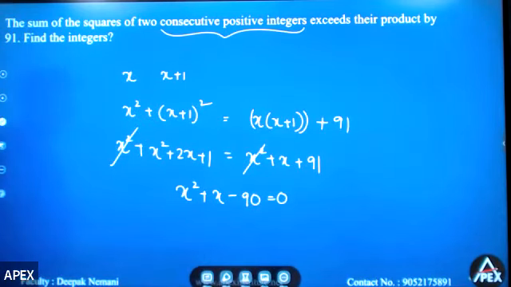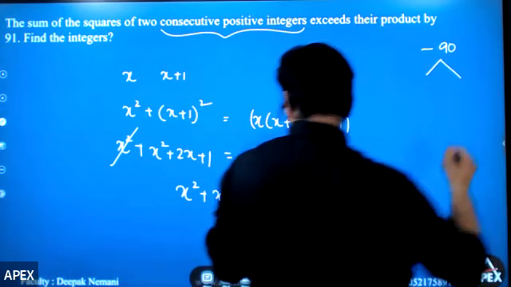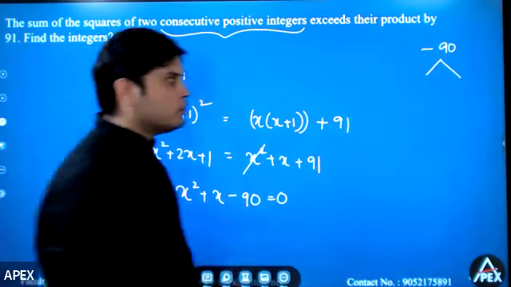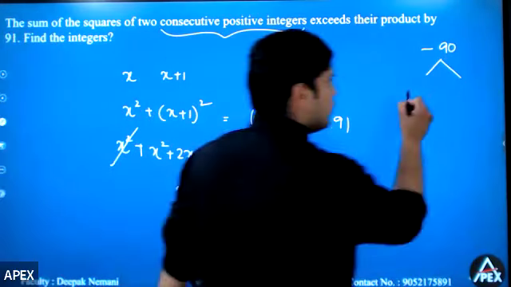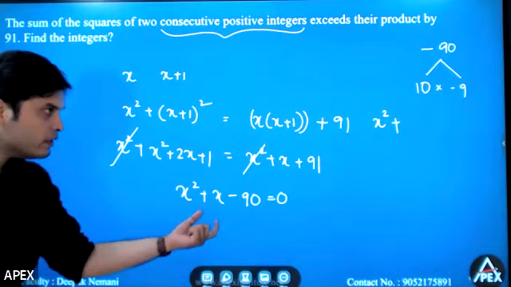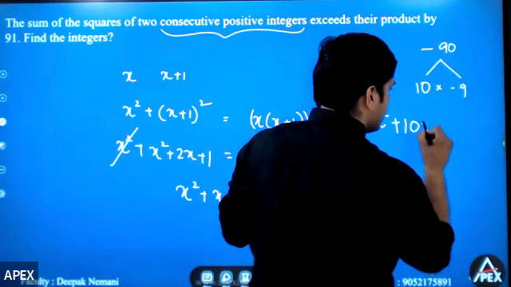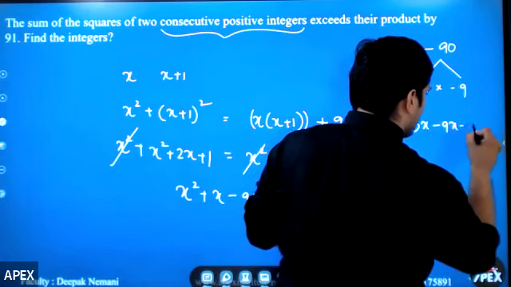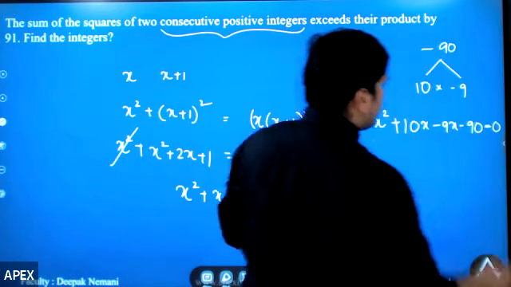Now, product of these two is minus 90. Can we write minus 90 as a product of two numbers such that the sum of these two numbers is plus 1? Yes, 10 into minus 9. Clear? So I will be rewriting this equation as x square plus, I will be writing this x as plus 10x minus 9x minus 90 equal to 0.